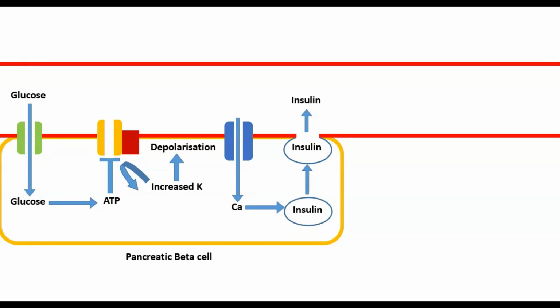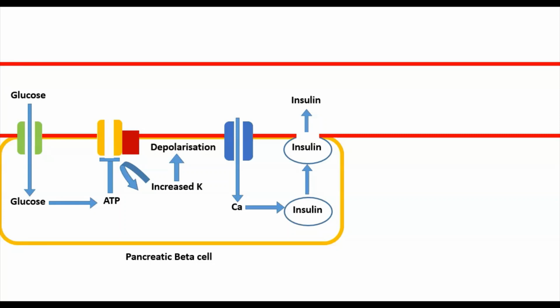We can't have our glucose levels too low because this will compromise metabolism, and we can't have our glucose levels too high because this will create osmotic shifts and the vascular complications of hyperglycemia seen in diabetes.